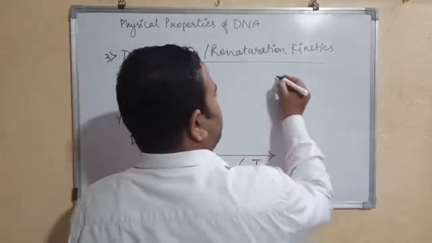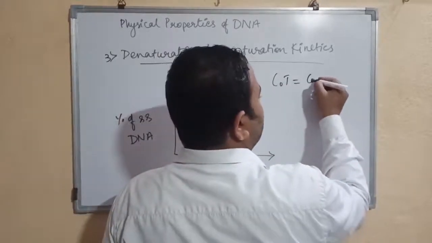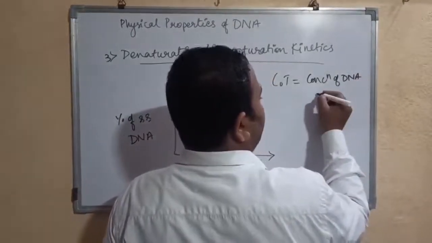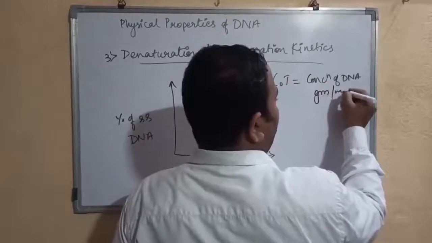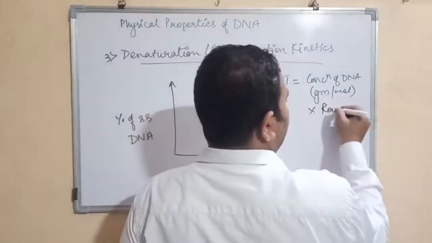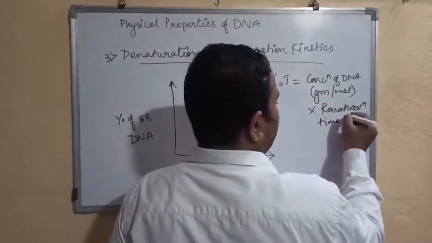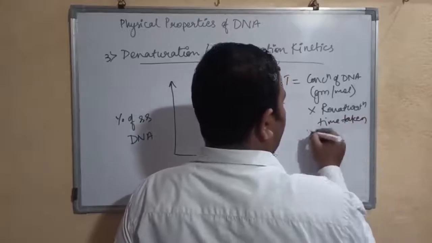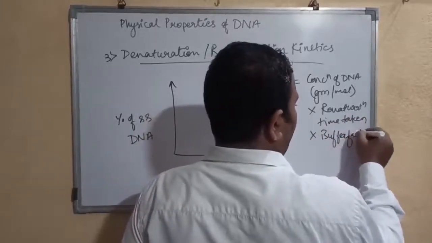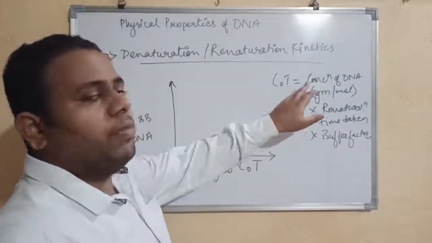So the concentration multiplied by time value will be the concentration of DNA in grams per mole, multiplied by renaturation time taken, multiplied by buffer factor. So it is the multiplication of the initial concentration by time.